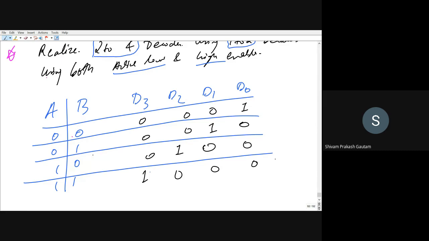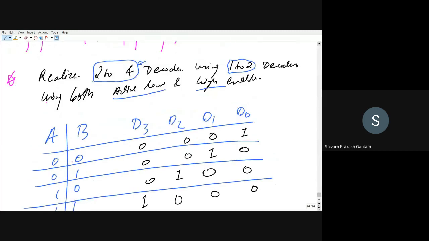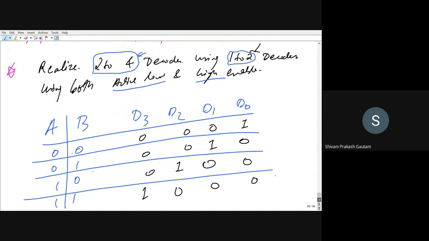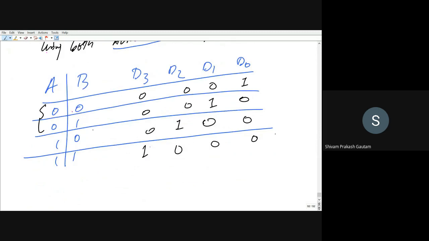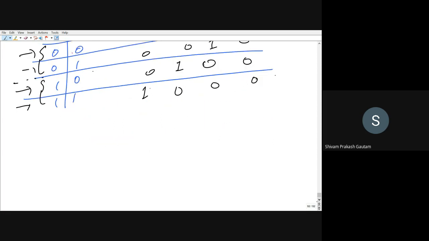So you can see here, you want a 2 to 4 decoder, but in the problem you are given only 1 to 2 decoders. What you can see here is that in the first two cases the input A is 0, and in the last two cases input A is 1. So by using this, first we will draw with active low, and then we will draw with active high, right?